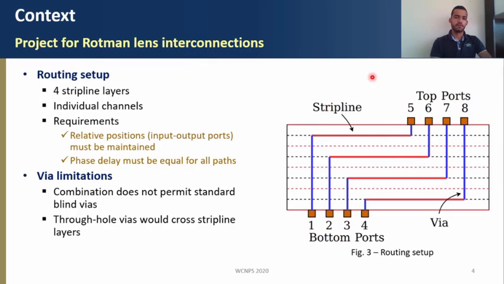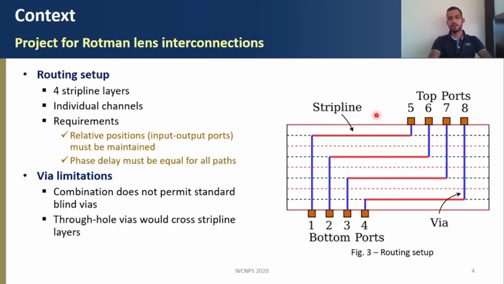The context of this paper is a project for Rotman lens interconnections, so we have some requirements. We have 4 strip line layers and individual channels, and we must maintain the relative position of the ports, and the phase delay must be equal for all the paths.